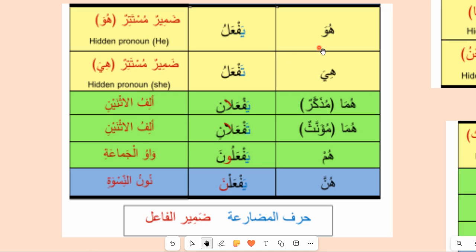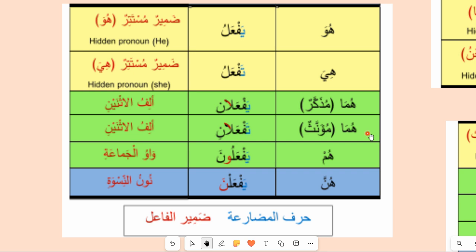Now coming to the ghaibs, remember we have two duals in ghaibs. In mukhatib, we had only one dual that was used for both male and female. But here in the ghaibs, as the person is not in front of you, you need to use the damirs differently for male and female in order to distinguish about whom you are talking.